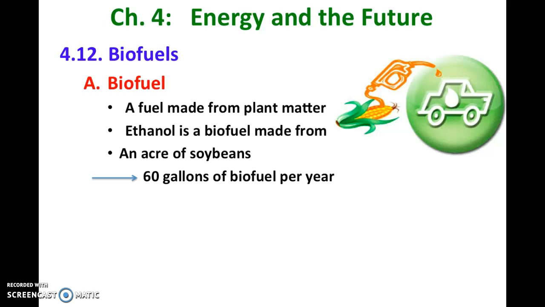Soybeans can also be used to make biofuels. An acre of soybeans can make 60 gallons of biofuel per year. In future, if gasoline runs out, we may use biofuel to provide power for a car.